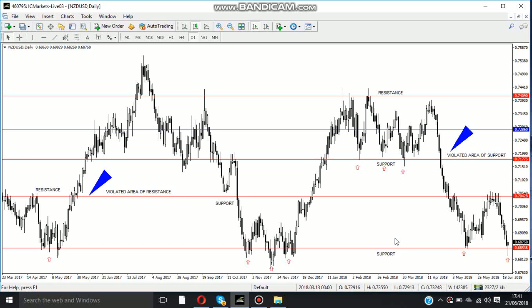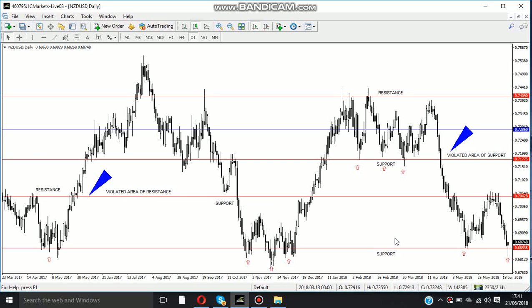Okay, so just looking at this chart here that I've got marked up, there's a lot of horizontal lines. Each horizontal line represents an area of price where there have been common fluctuations around. Also, it represents the areas of support and resistance, which I'll show you.